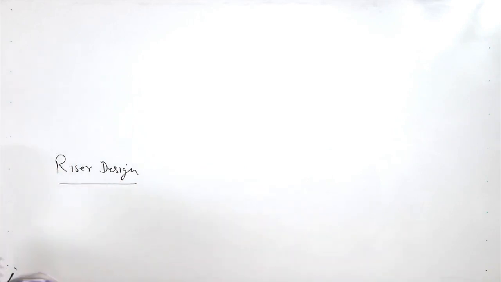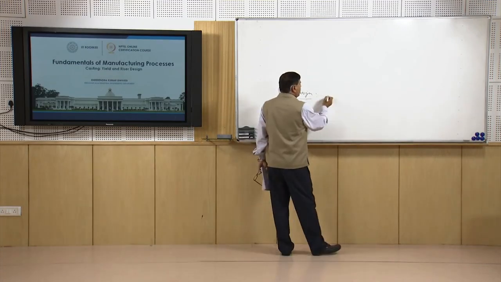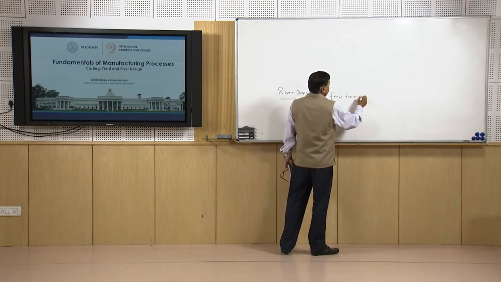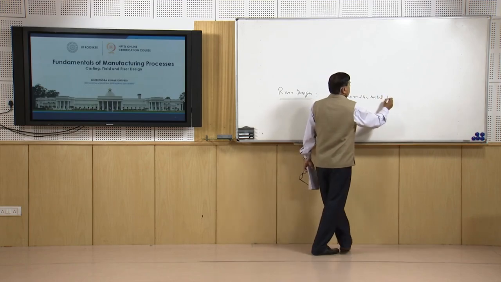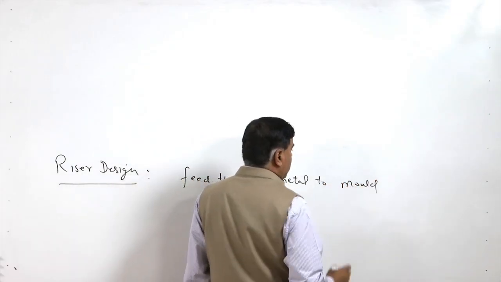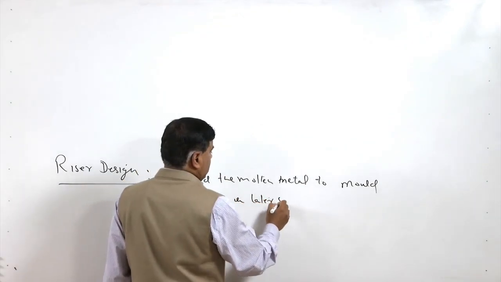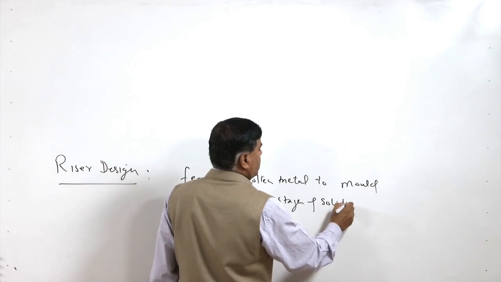We know that the role of the riser is primarily to feed the molten metal to the mold in the later stages of solidification.